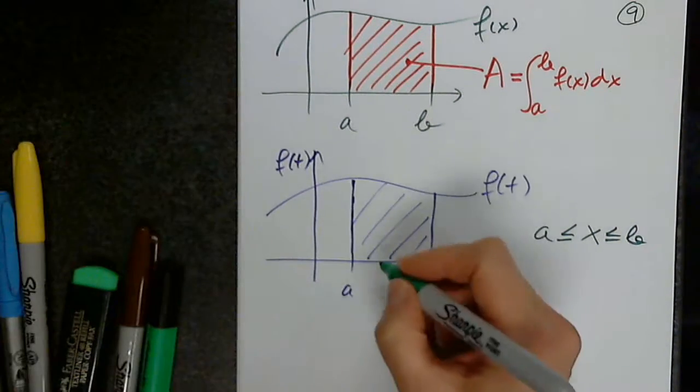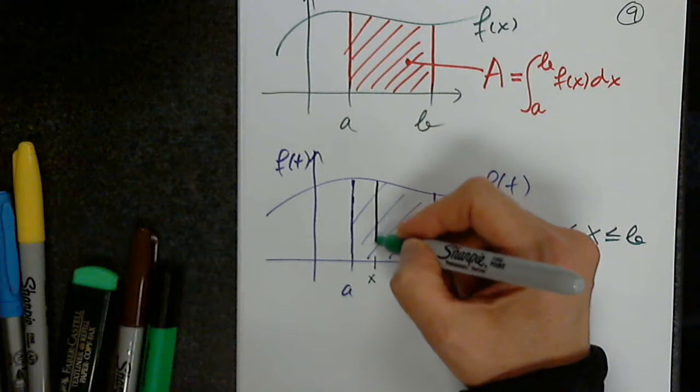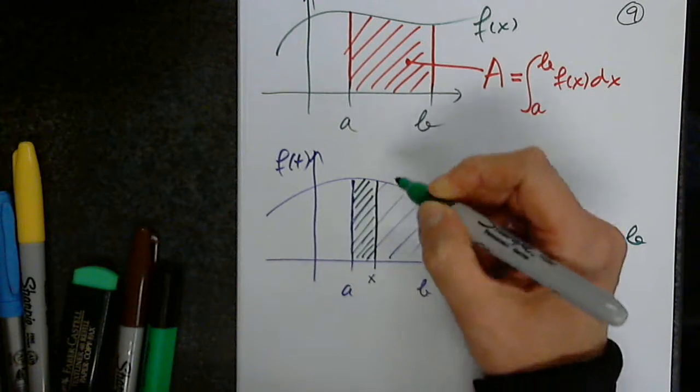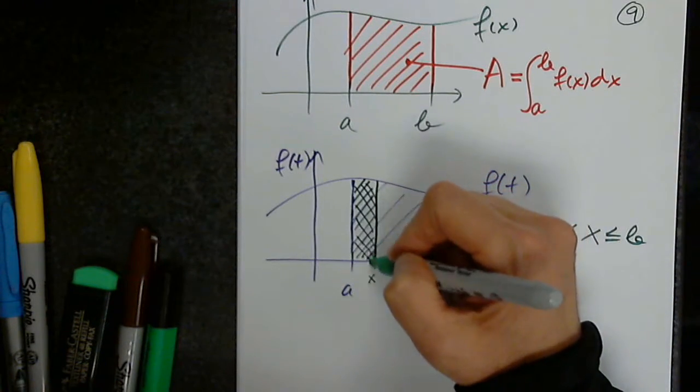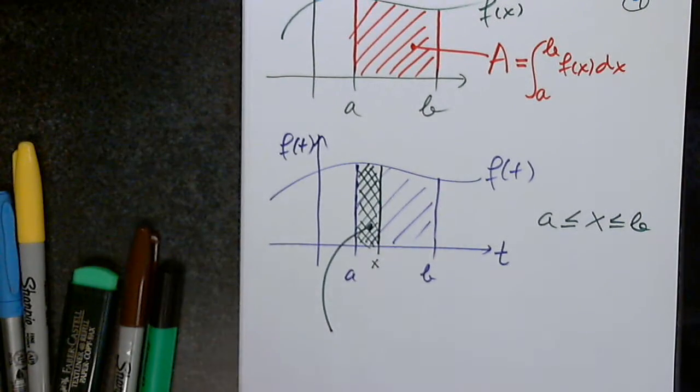And I want to say x is here. And I want you to help me express this area. Just this. Please tell me how to express this area.